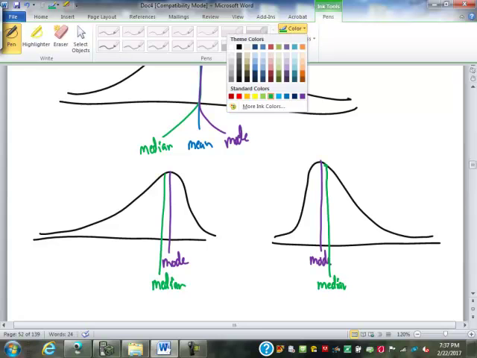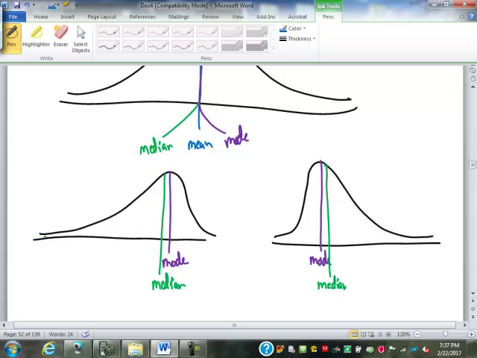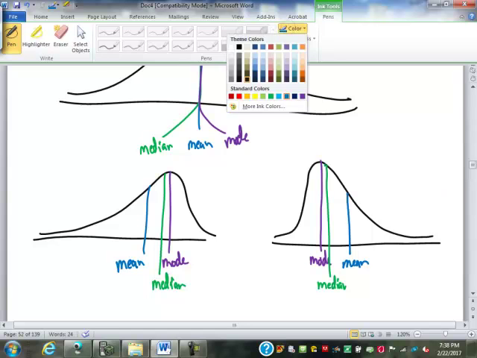Depending on how severe that skew is and how many extreme values we have, the mean is then going to be stretched out the furthest away from the peak. So like we said, if you have a really large set of data, the mode is a decent measure of center, but only if it's really a large set. Normally that median is the best measure of center.